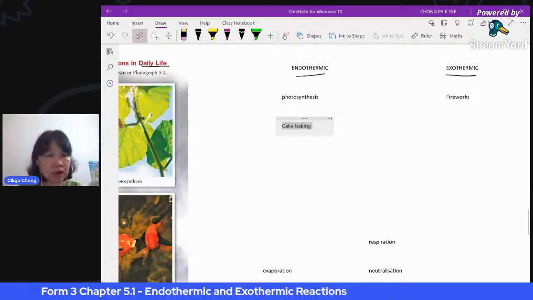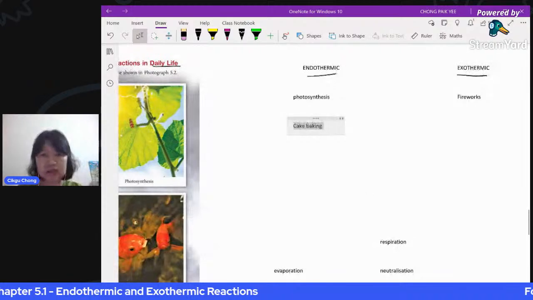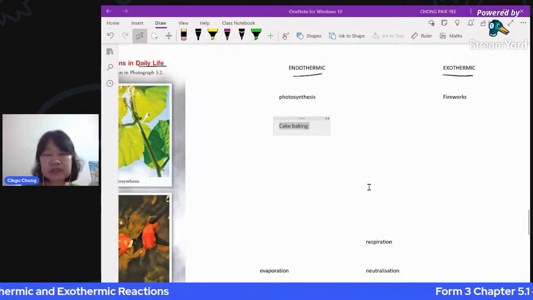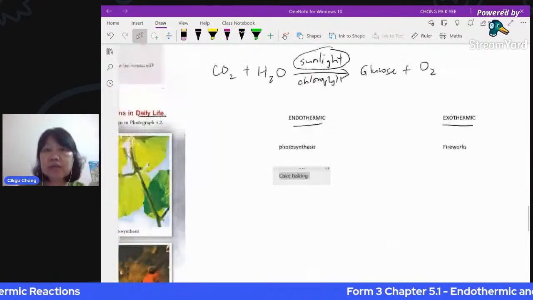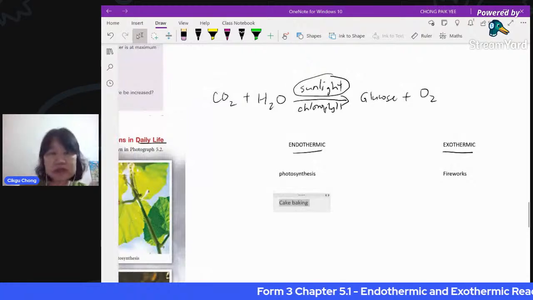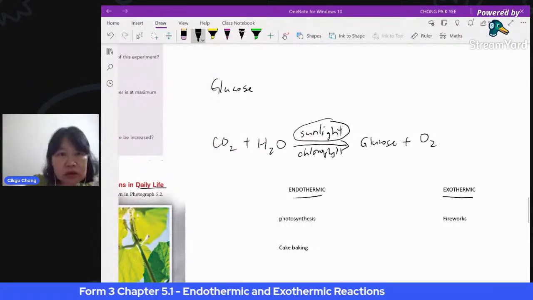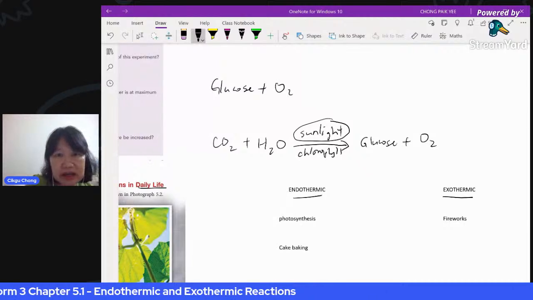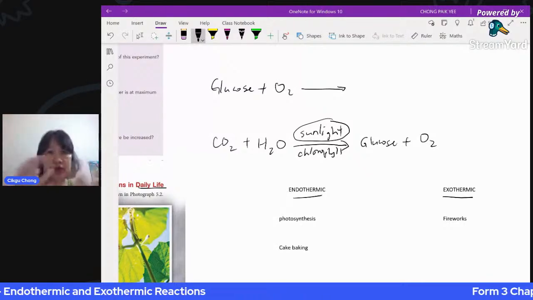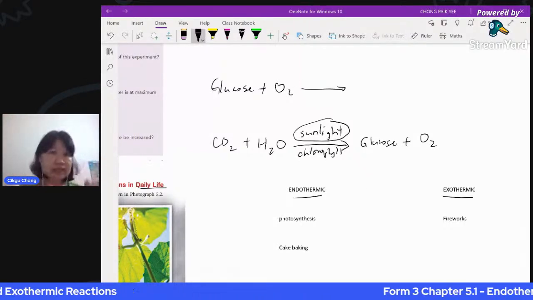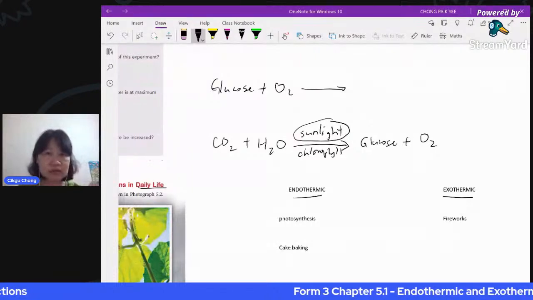Okay, one more, respiration. Respiration is the opposite of photosynthesis. You have your glucose and oxygen, and then it's going to burn, like I said, oxidize inside your cell, where you can't see the fire.